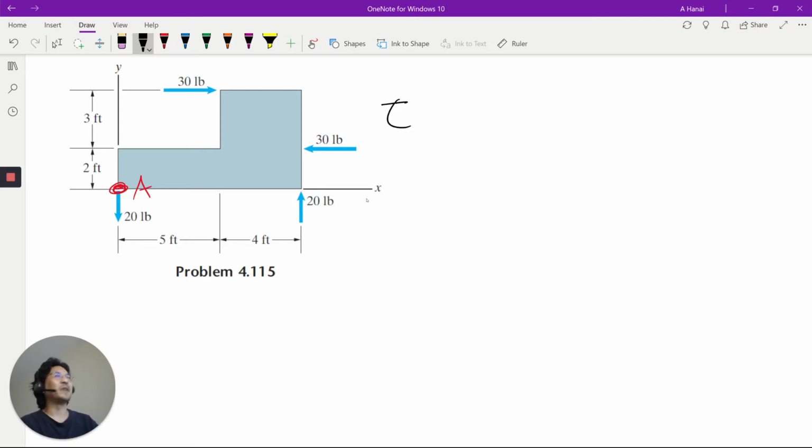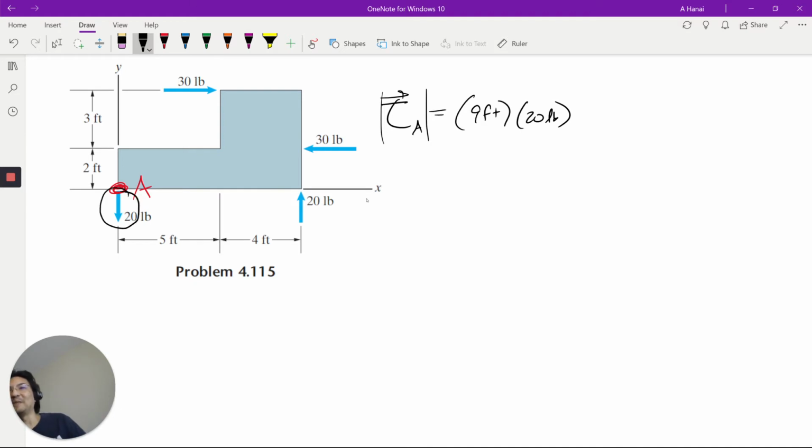So the torque about point A, I'll just do the magnitude, is 9 feet times 20 pounds. So that's out of the page, so positive. So 9 feet, 20 pounds, positive. Then 0 times 20 pounds, so that's 0. And then about point A, this lever arm is 2 feet times 30 pounds, which is going to go counterclockwise, which is positive.